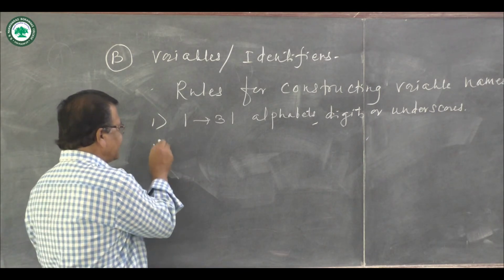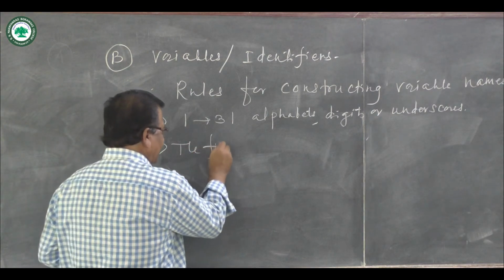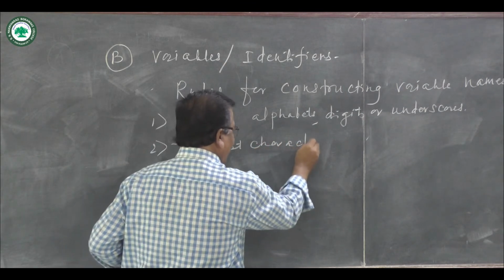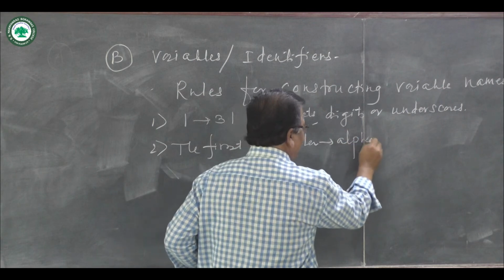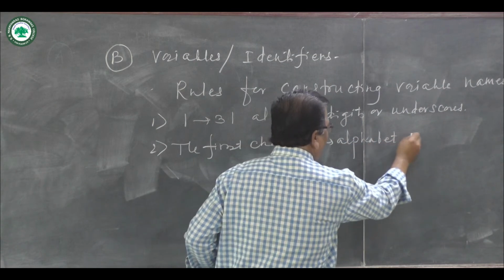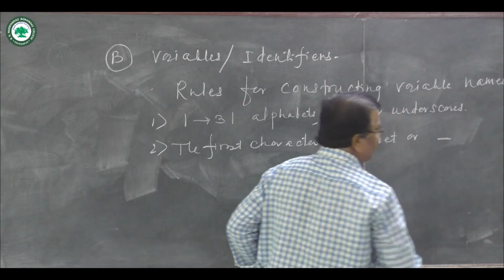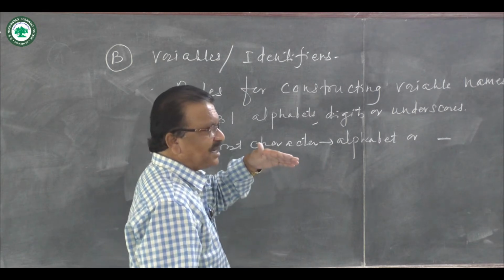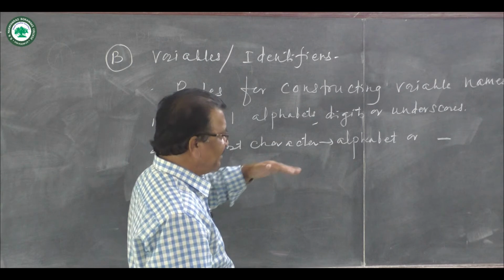Then the second rule says that the first character must be an alphabet or underscore. Underscore is this particular symbol which is distinct from subtraction, because the underscore is on the lower side and the subtraction symbol is at the middle.